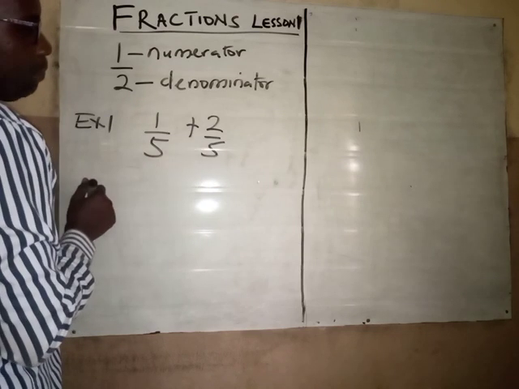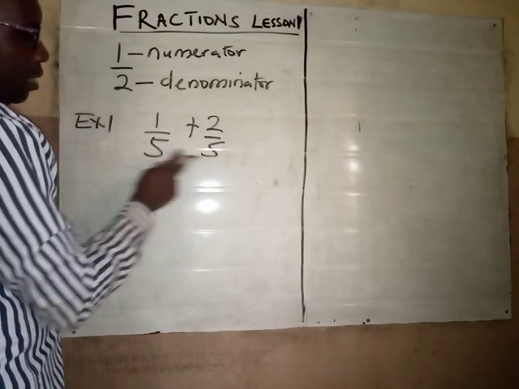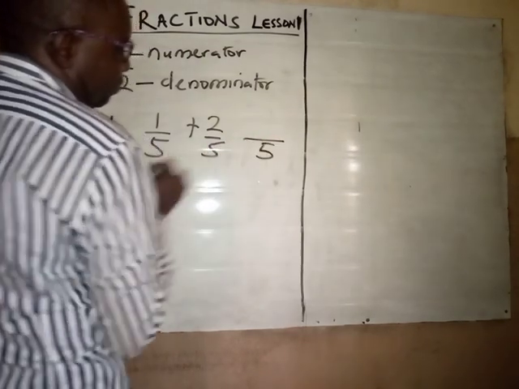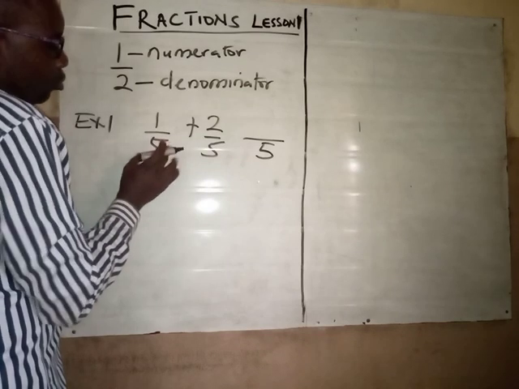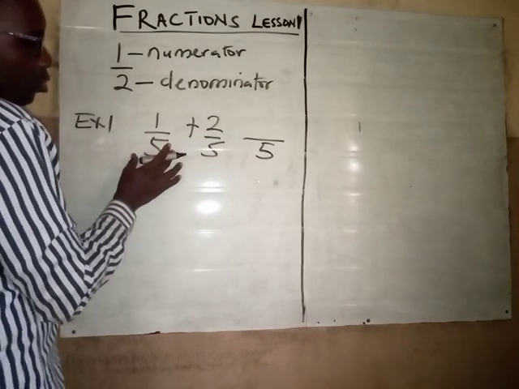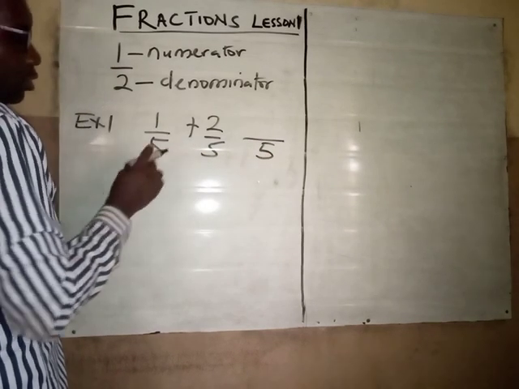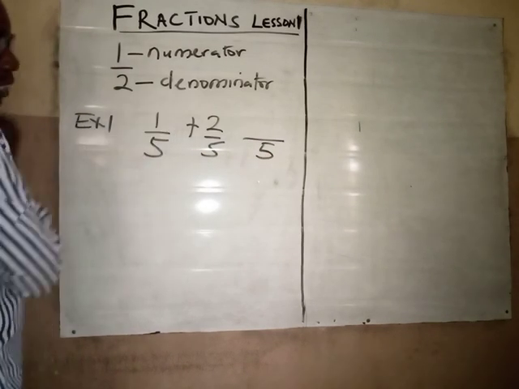You discover that they are homogeneous here, so the LCM is 5. What we now do is use the denominator of the first fraction to divide the LCM. And whatever you get, you multiply it by the numerator.